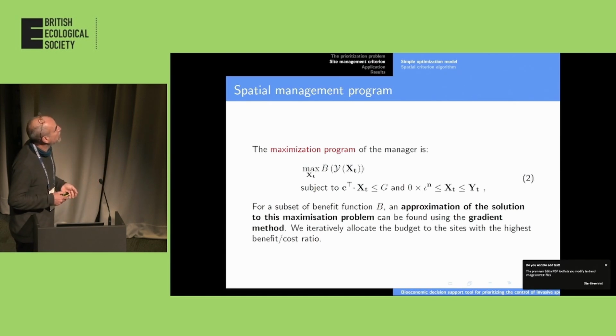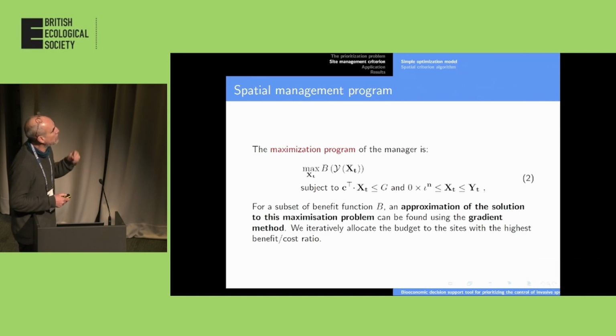This is the basis of the criterion. What we do is that we maximize the benefit from control. My control variable is the allocation of effort in space, okay? This effort will impact a quantity of invasive species, and this will give you a benefit.